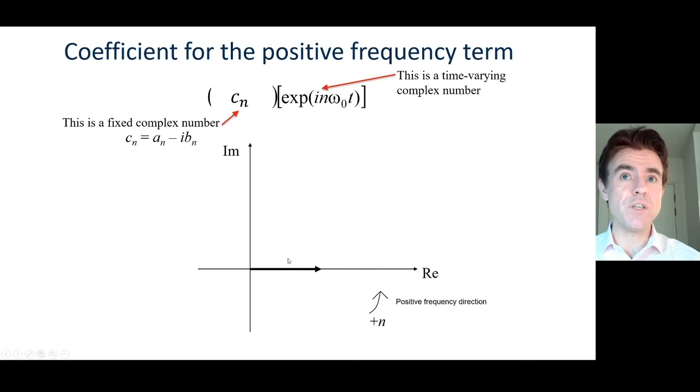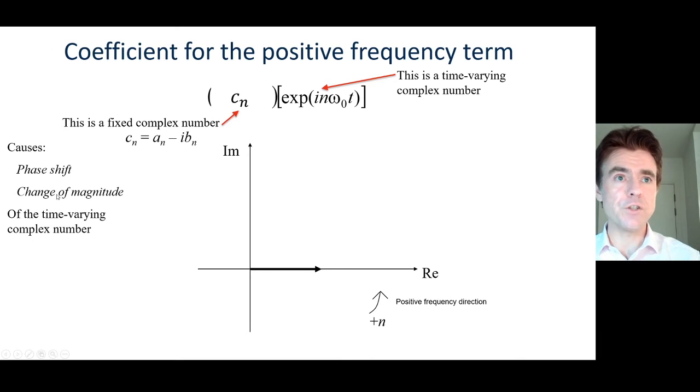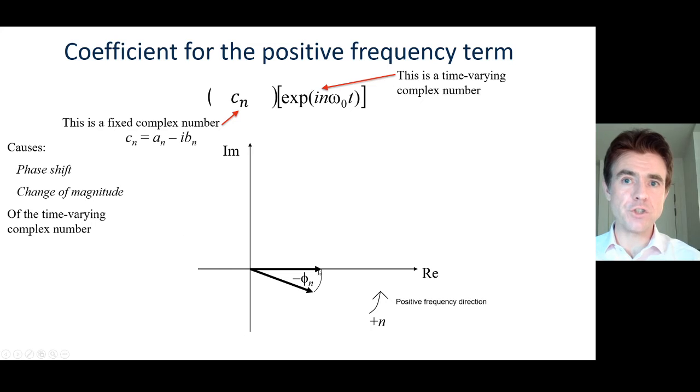And so what we're going to see is that if that's the complex exponential there at time t equals 0, then this Cn as the multiplier is just going to give us Cn. It's giving us what I'm going to call a phase shift and a change of magnitude. Okay, so the complex exponential is going to have a phase shift first of all, so it's going to move by some angle, and then it's going to increase or decrease in magnitude.